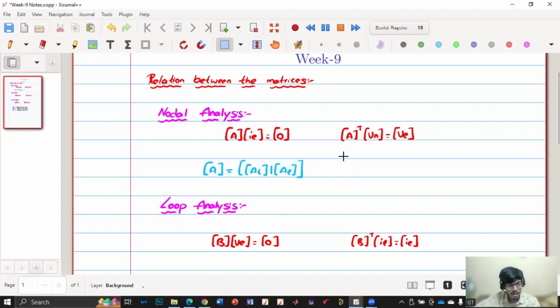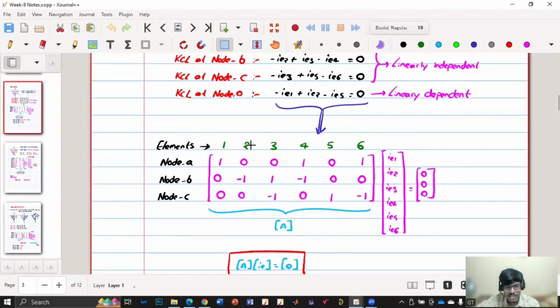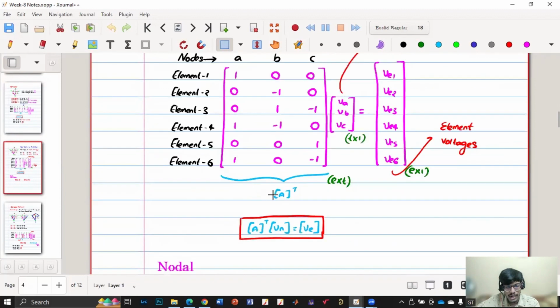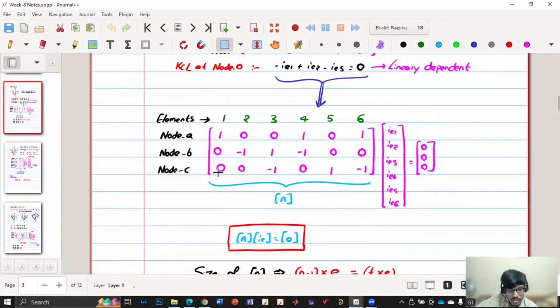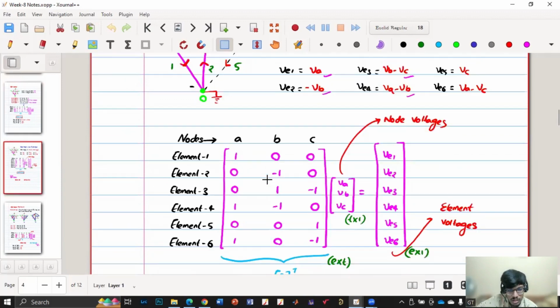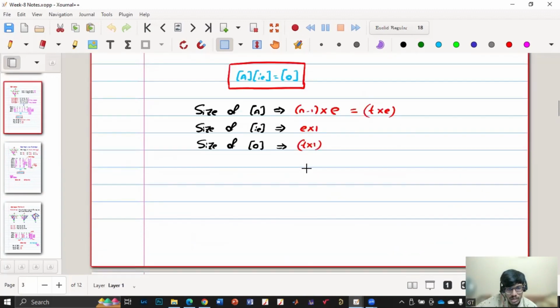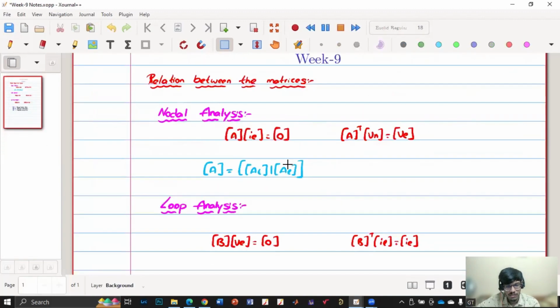Cleared, sir. Okay. So now if I do A transpose, if you see in the A, the left side is twigs, the right side is links. Whereas in the case of A transpose, the top side is twigs and the bottom side is links. You follow? If you see these nine blocks, 1 0 0, 0 minus 1 1, 0 0 minus 1, 1 0 0, 0 1 minus 1, 1 0, 0 0 minus 1. So if you consider this horizontal, in the case of A transpose, it will be vertical.